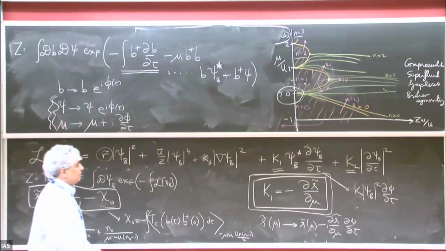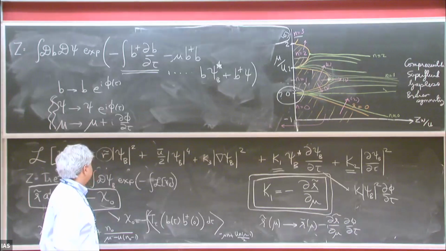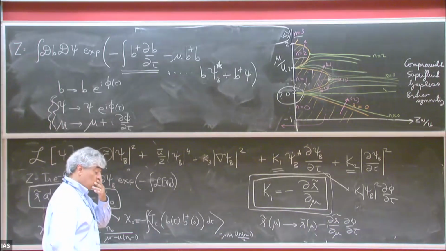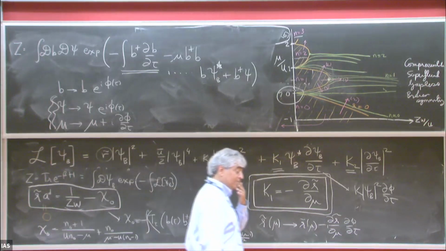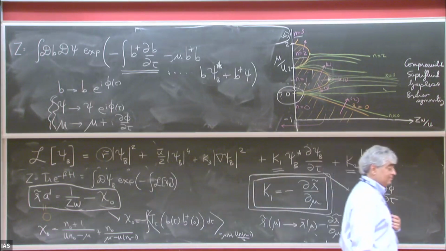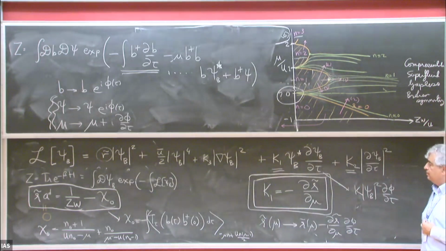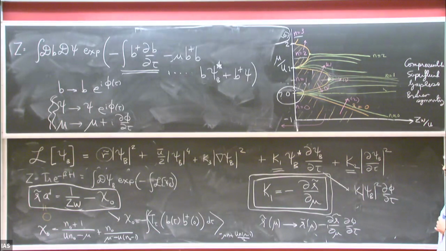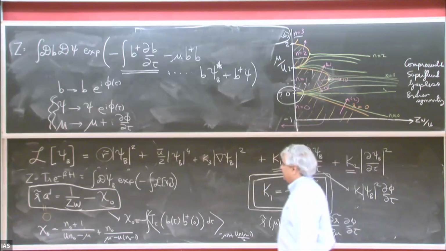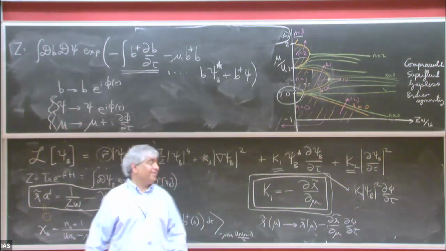Sir, you got this relation K1 equal to minus del R tilde by del mu using the argument of global symmetry. But can we derive this relation the way that helps us to identify this R tilde, U tilde, and so on? Just construct the Lagrangian. You can actually do it, I urge you to do the calculation.